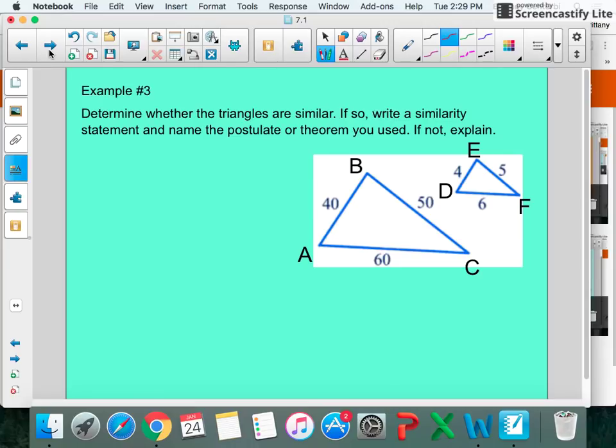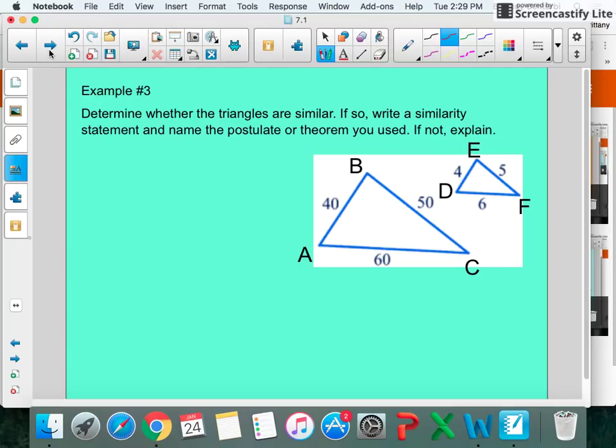And then our next example, same thing, we're going to try to show ABC is similar to DEF. So we have to check that the sides are all proportional. We're not going to do angle, angle because they don't give us any angles. And we're not going to do side, angle, side because again, we would need an angle given. So we're going to do side, side, side.